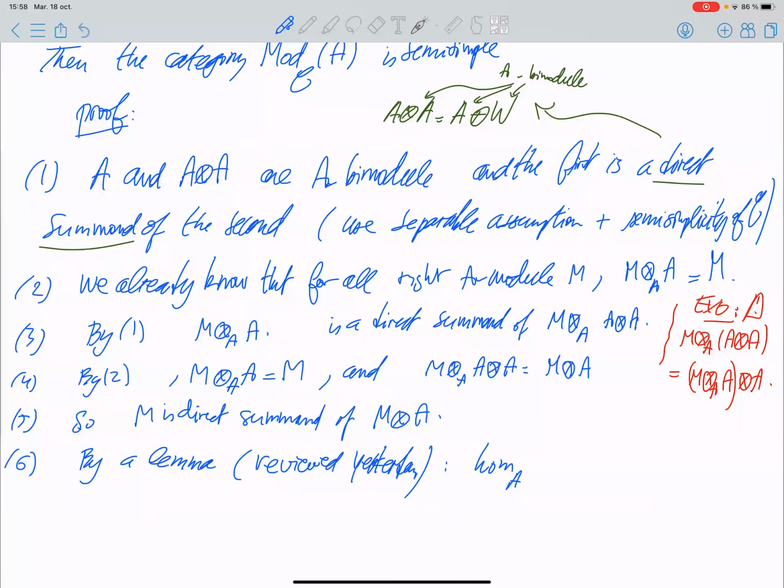So on A, M tensor A is isomorphic to C M, like that. Okay. So we define some specific A. So we saw that yesterday.